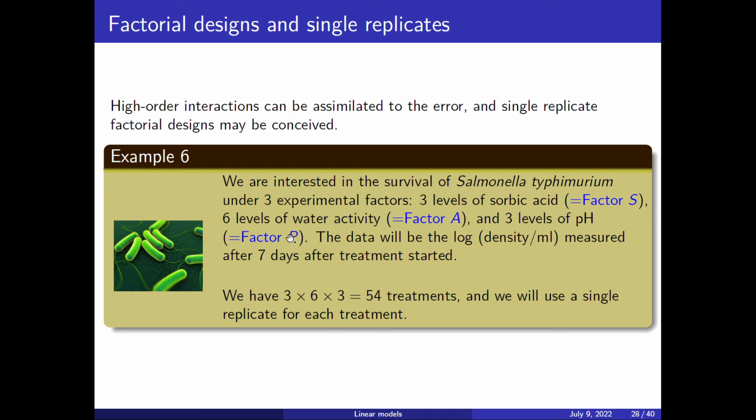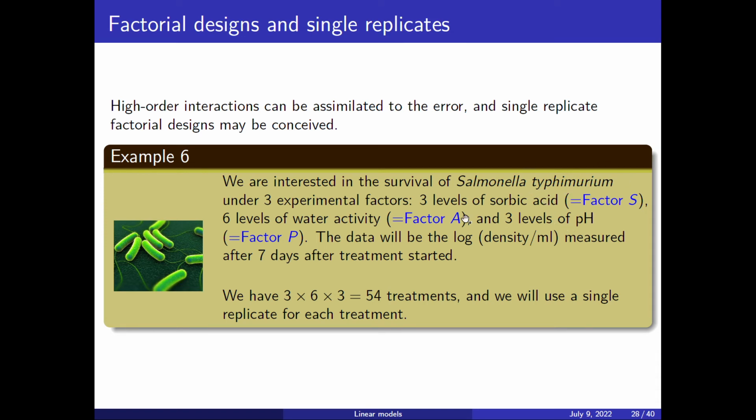So for instance, let's say that you are interested in the survival of a given bacteria for the conservation of food, and then there are 3 factors that you think can affect this survival.